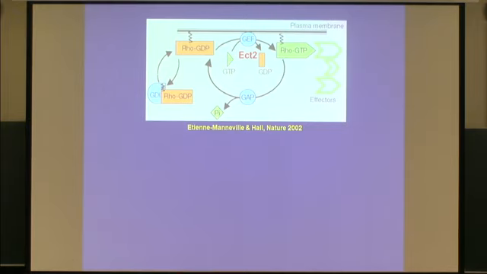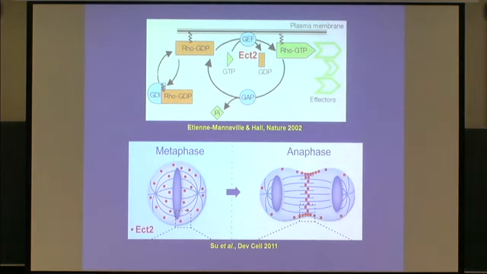This has been mostly answered by the work from the groups of Michael Glotzer and later Mark Petronczki, who demonstrated that Ect2 is released from the nucleus in the prophase of the cell cycle and remains pretty much cytoplasmic until the end of the cell cycle, the so-called anaphase stage, when it hitchhikes on a molecular complex called centralspindlin.